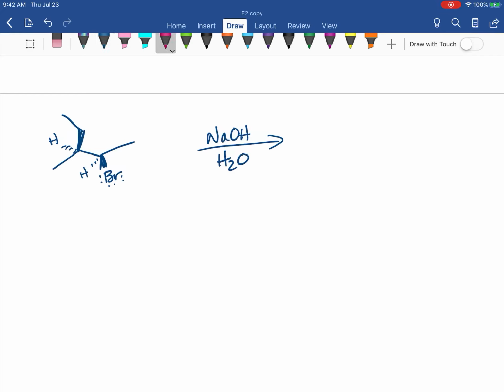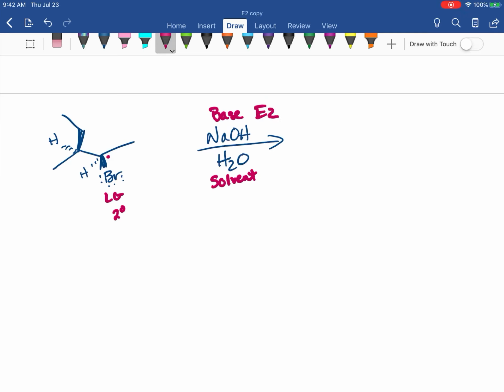Okay, so let's go through our process. Number one, here's our leaving group, and we are on a secondary electrophile right there. This is a base, not a nucleophile, and this is our matching solvent. So this is a recipe for E2, okay?